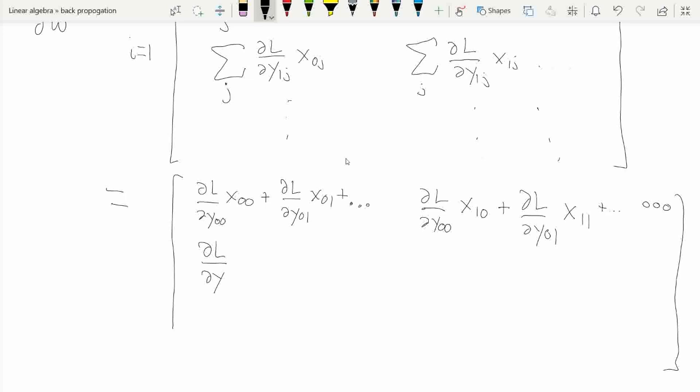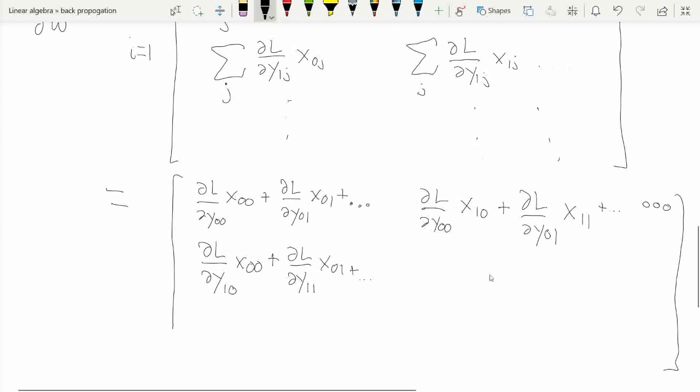And then this thing is going to be del L by del y, with j equal to 0, it's going to be 1,0, x 0,0, plus del L by del y, and then with j equal to 1, it's going to be y 1,1, x 0,1, and then that sum carries on.